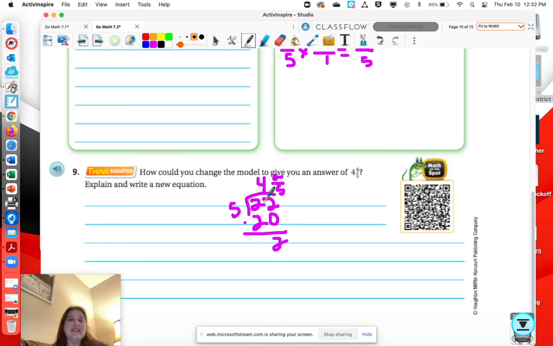So I actually need 2 more. So 22 plus 2 would be 24. So now let's see if that gives us what we need. And that one does. So we actually need to have 24 there.